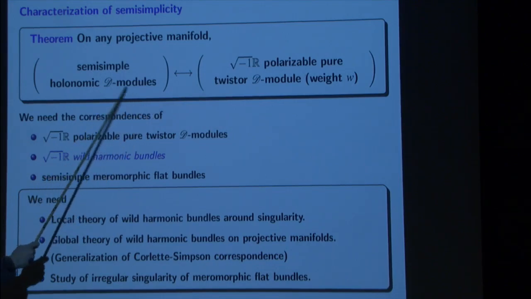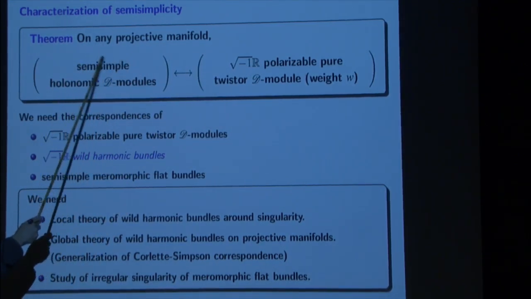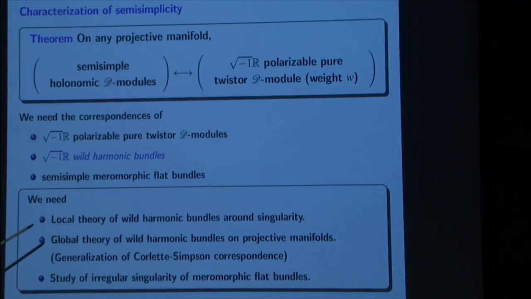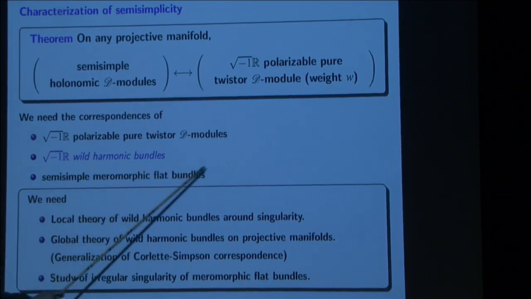So we have this type of characterization of semi-simplicity of holonomic D modules if the base space is algebraic. And for this correspondence, we need to establish the correspondence of √-1 R polarizable pure twistor D modules and √-1 R wild harmonic bundles, and the correspondence between √-1 R wild harmonic bundles and semi-simple meromorphic flat bundles.